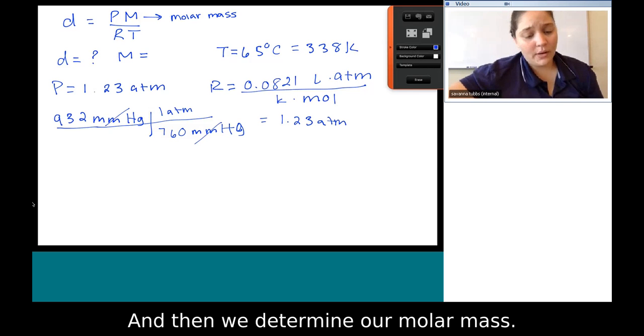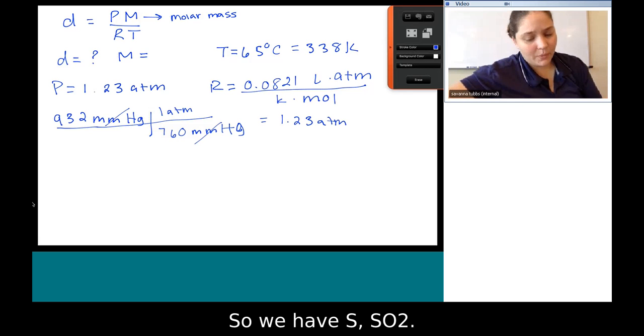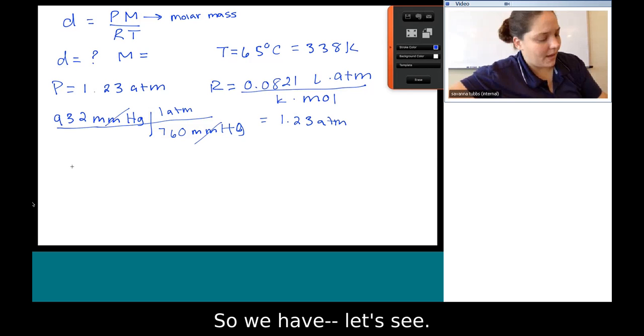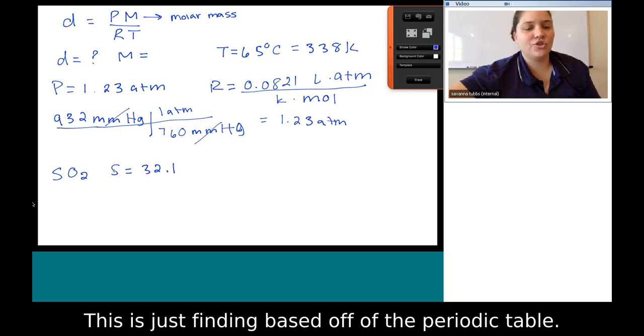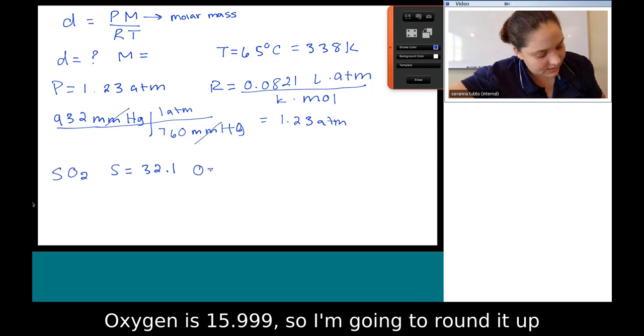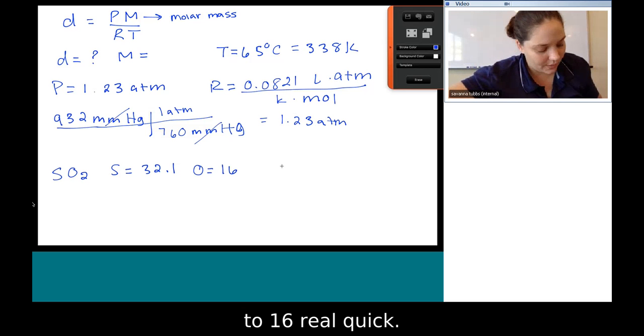And then we determine our molar mass. So we have SO2. So we have, let's see, SO2 is our compound. S is going to be 32.1 grams per mole. This is just finding based off of the periodic table. Oxygen is 15.999, so I'm just going to round that up to 16 real quick.